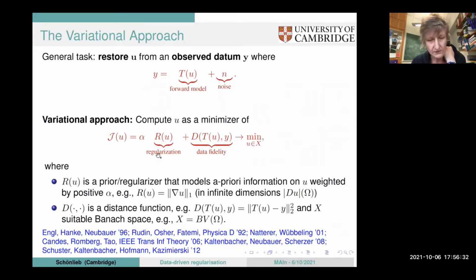So this you can think of as the prior information, and a typical type of prior information that has been used a lot in inverse problems and imaging is sparsity, where you're saying, well, I know that my image actually boils down to just a few significant characteristic features, and I can characterize those features.